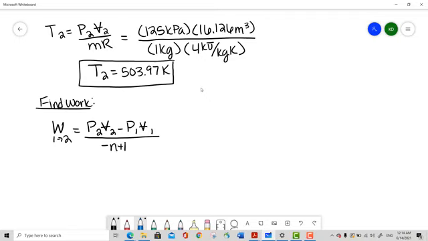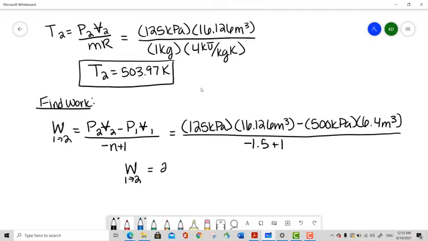This was given in the lecture. So now we're just going to plug in everything that we were given and everything that we have found. Okay, so work 1 to 2 equals 2370 kilojoules. So that is work. Really easy to find once you spent all that time finding everything else.